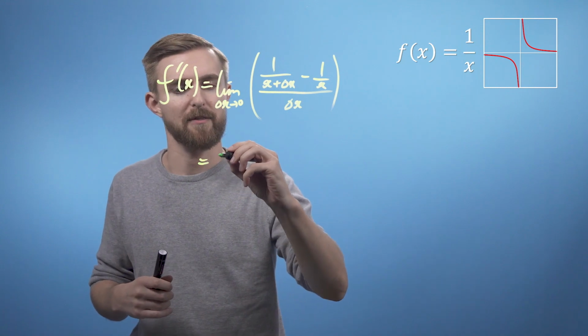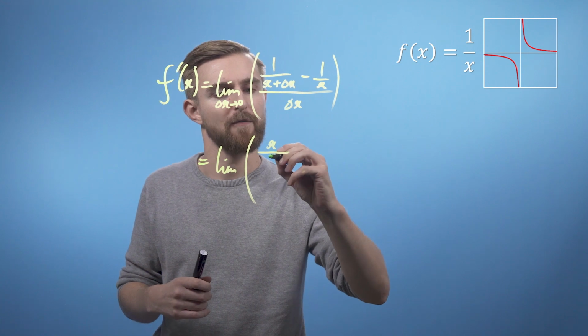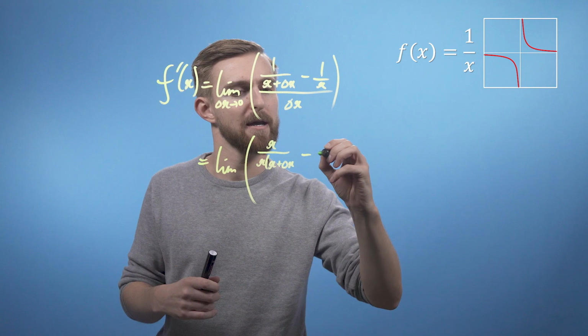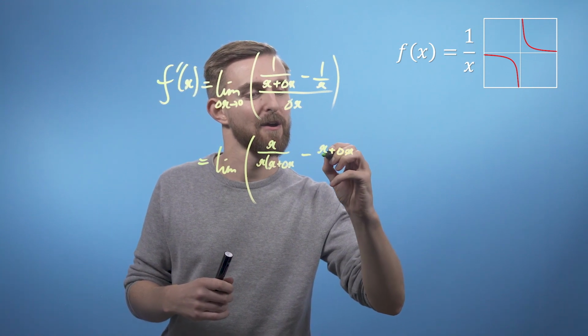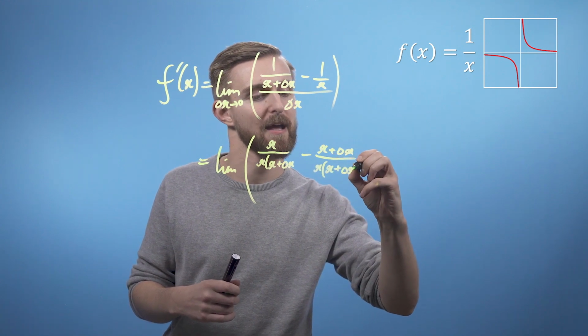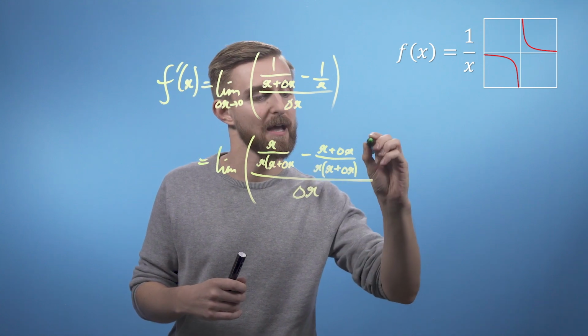So we can say that the limit of x over x(x plus delta x) minus (x plus delta x) over x(x plus delta x), all divided by, once again, delta x.